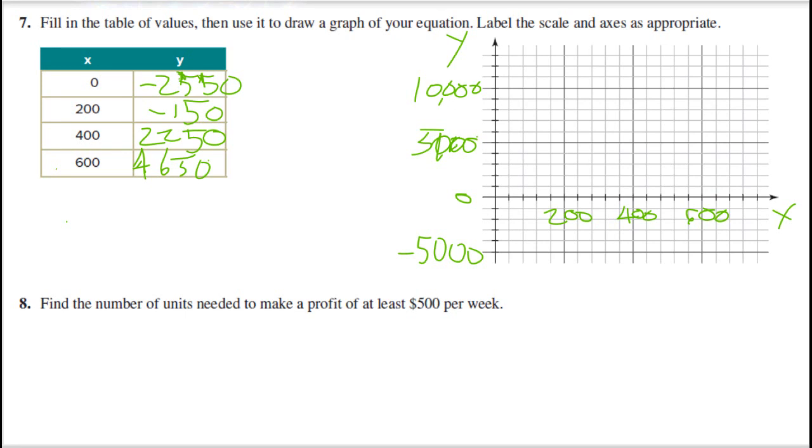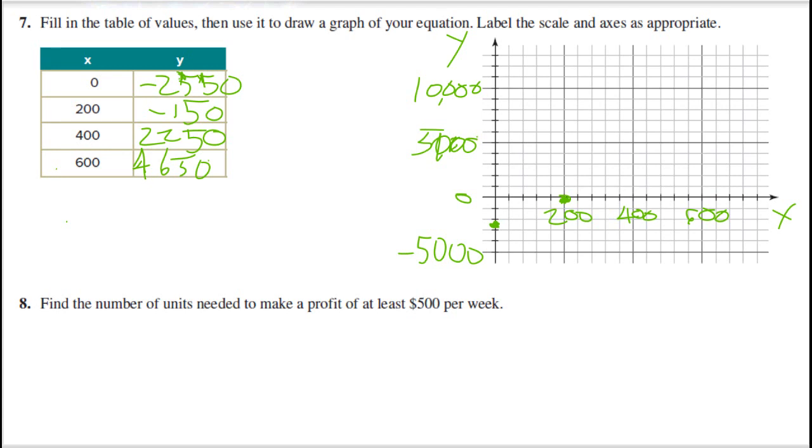So 0 cookie jars, negative 2,550. So it's going to be between negative 2,000 and negative 3,000, pretty close to the middle. I go to 200, I'm at negative 150, which is just barely below 0. In fact, my dot's actually going to be a little bit over the 0.